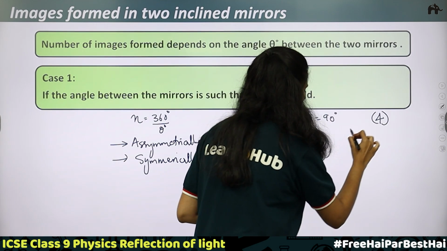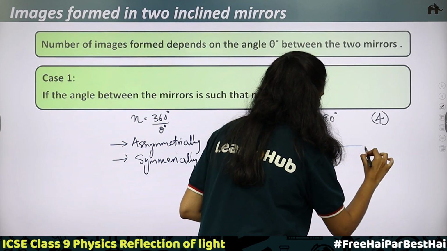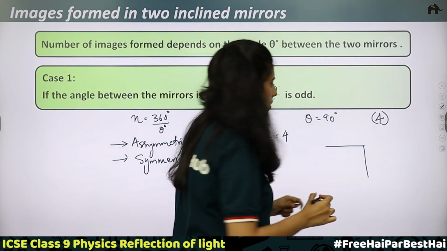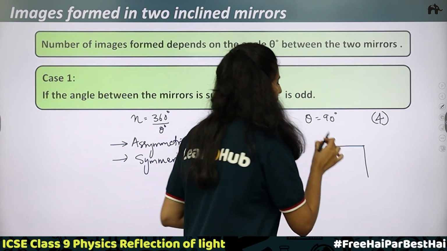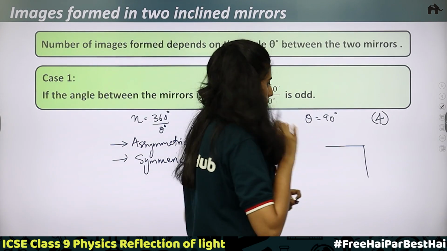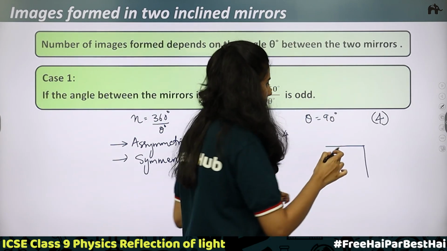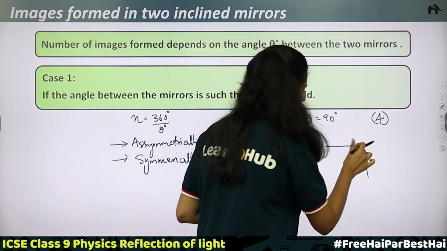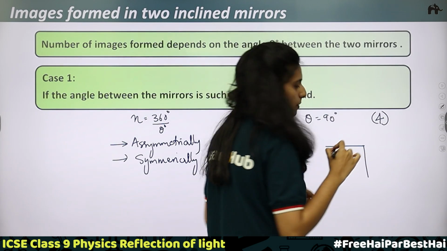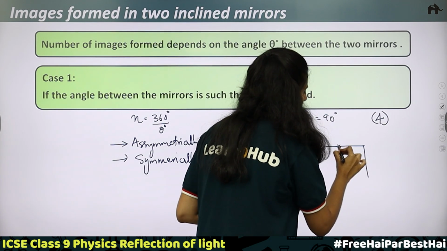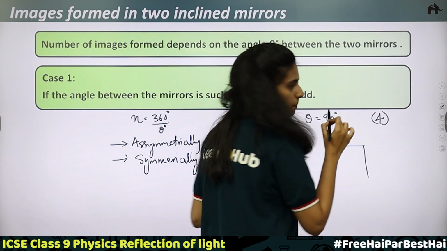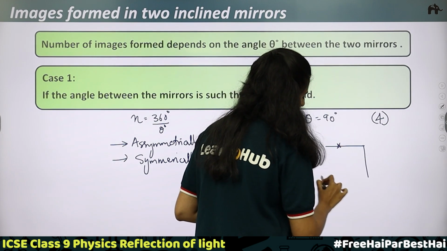If this is how the mirrors are, first mirror, second mirror, now I am drawing a bisector to it. So what is a bisector? If you take a compass, measure some length, let's say some 2 centimeter, keep the edge of the compass here, draw an arc.